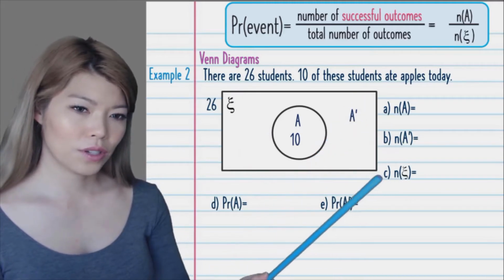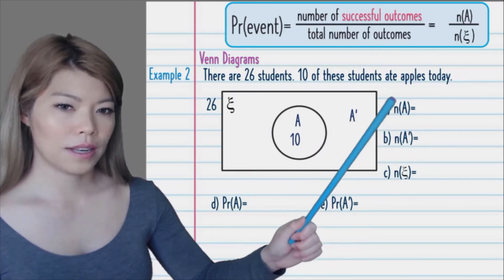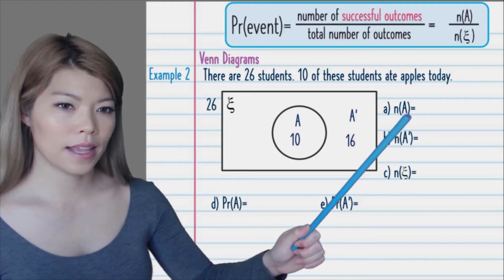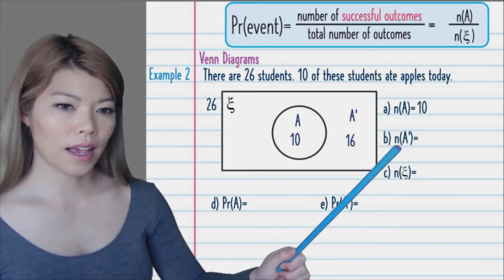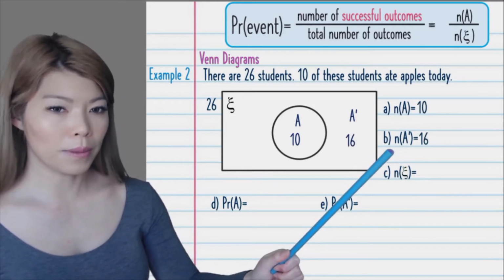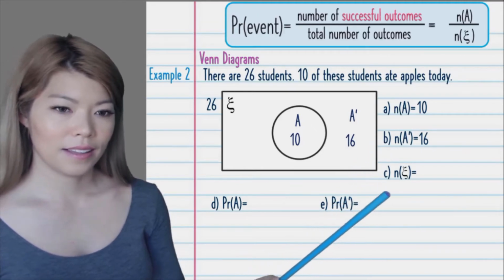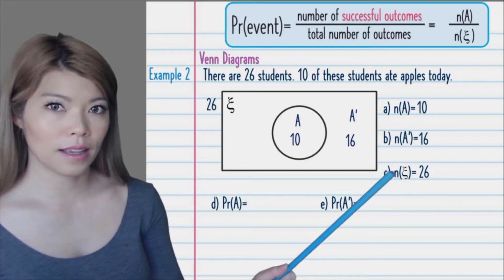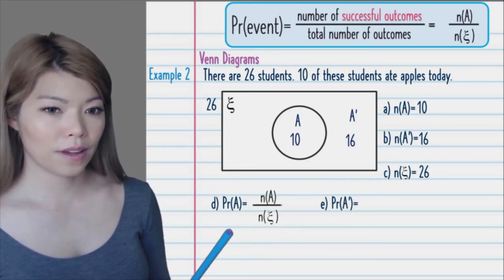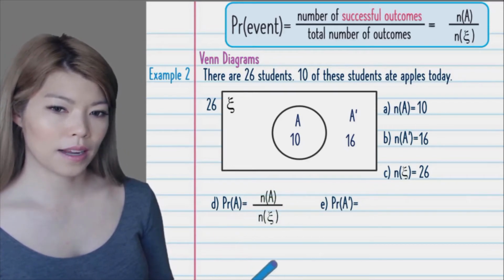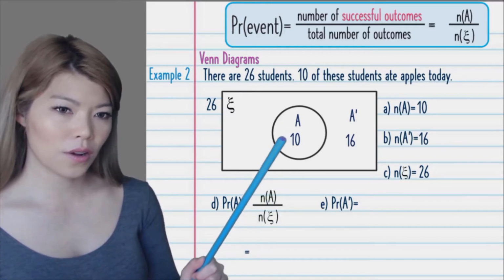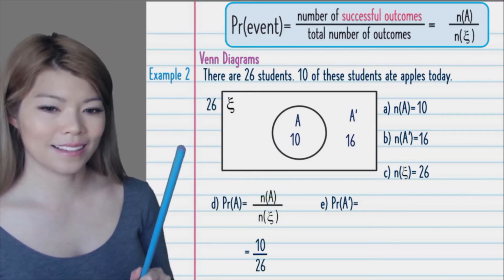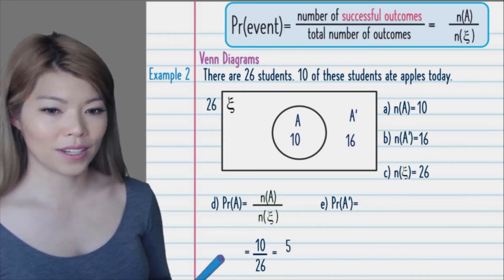So here I'm just showing you what these represent. The number inside A is 10, and the number outside of A, or not A, or the complement of A, is 16. The number of total outcomes, or the sample space, is 26. The probability of A is worked out by doing that. So we have 10 over the total 26, which can simplify to 5 over 13.